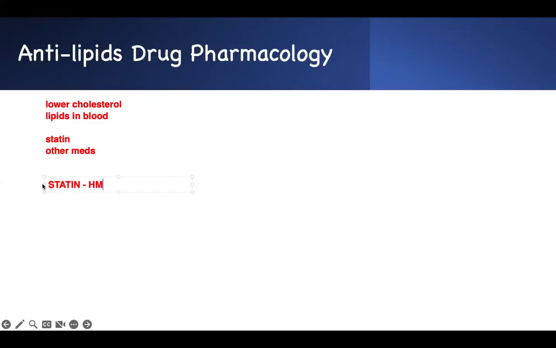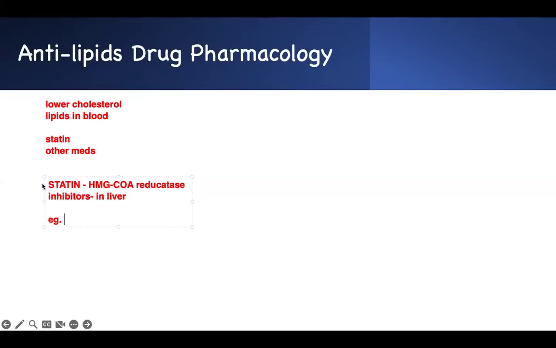They bind to the enzyme HMG-CoA reductase, so they're HMG-CoA reductase inhibitors, right? This is the main enzyme involved in cholesterol formation, and it works in the liver. So they go to your liver and do whatever they have to do. Examples: I call them Vastin instead of statin.